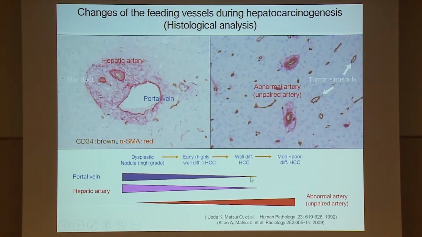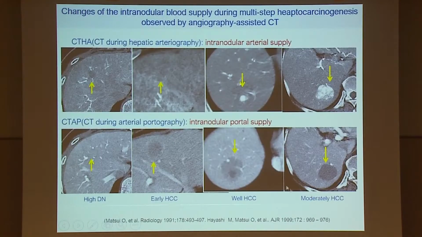In accordance with the grade of malignancy of hepatocellular nodules, the portal vein and hepatic artery, both included in the normal portal tract, gradually decrease, and finally are absent in moderately or poorly differentiated HCC. On the other hand, unpaired arteries appear at an early stage of hepatocellular carcinoma and acutely increase. And finally, the entire nodule is fed by abnormal arteries.